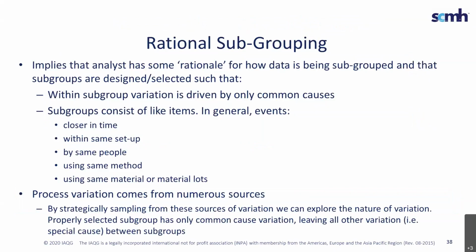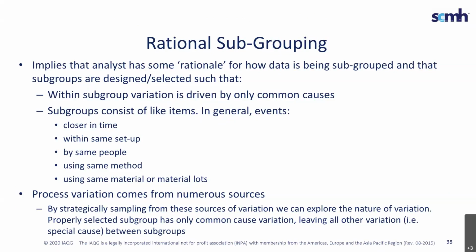All right. Now, when we think about rational subgroups, we talked about them before. A subgroup is good because it gives you the within variation, that common cause variation within. Typically, it's the same time, with the same setup, the same people, method, and material, so that we can capture that.